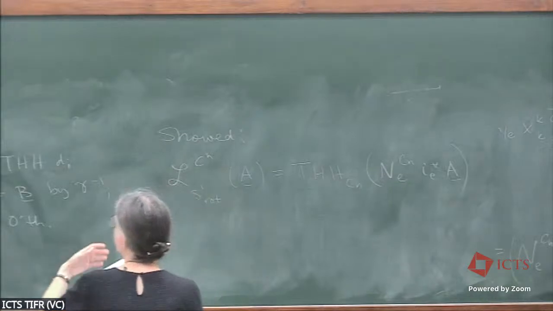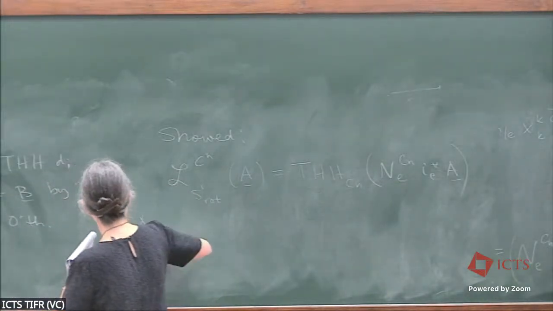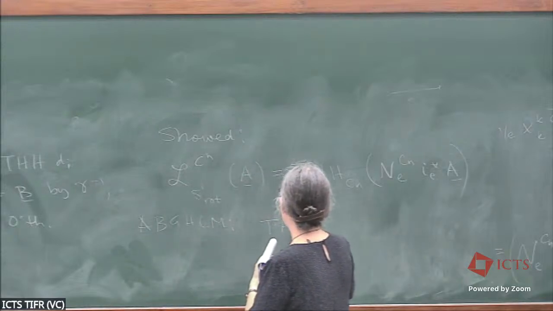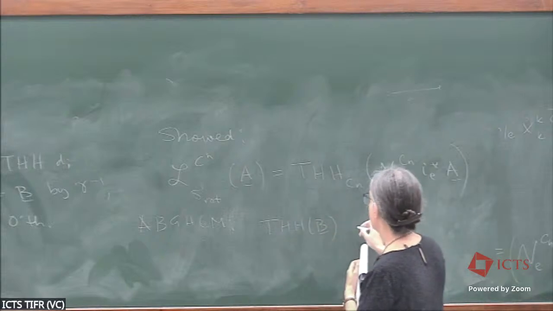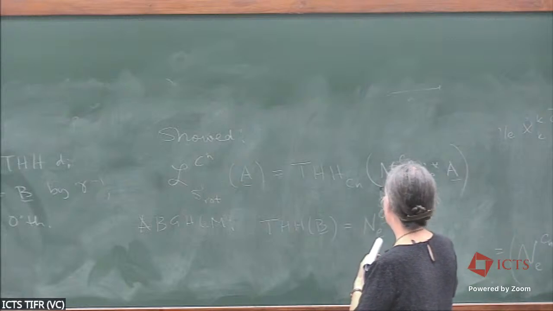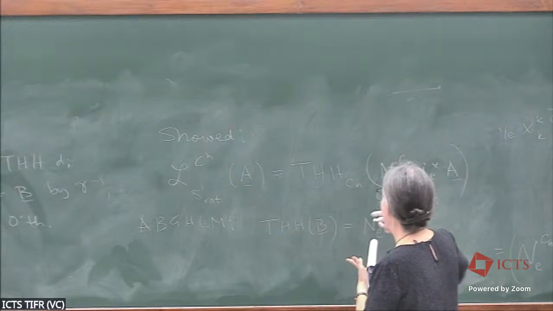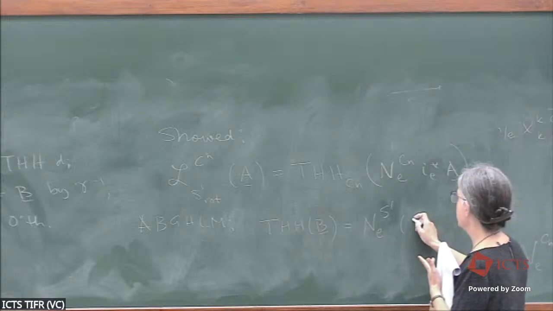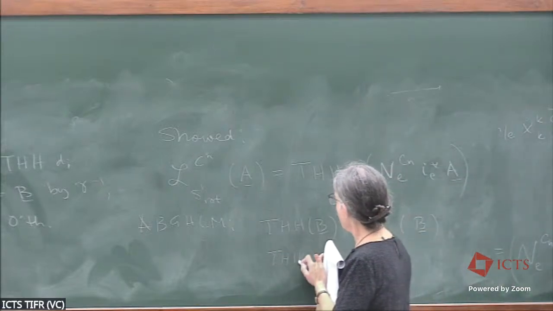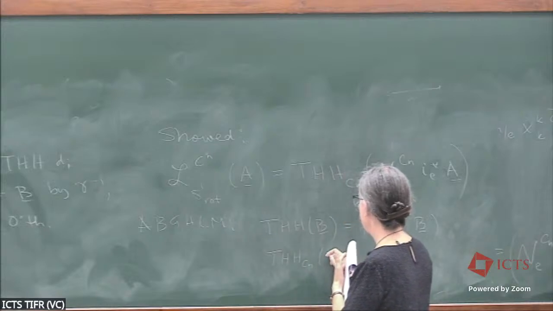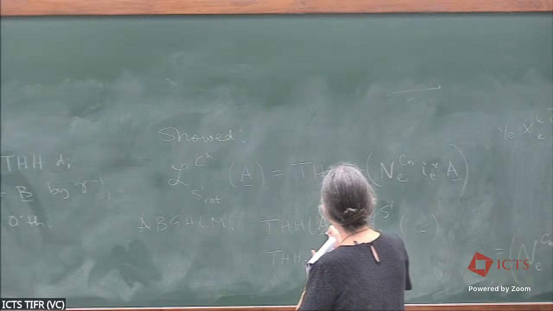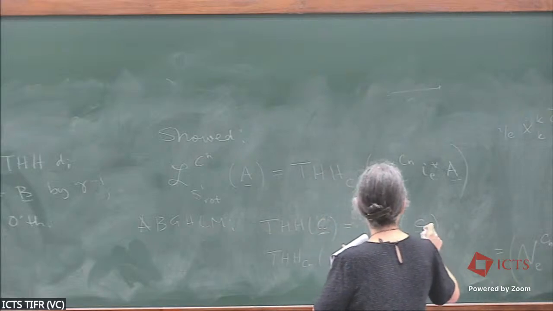Okay. In their case, it was really interesting, because what AB GHLM were actually doing is they were saying that THH of B, and now B doesn't have any action, should be thought of as the norm from e to S^1, which is something we haven't discussed: compact Lie groups, not finite groups, of B. This is just a spectrum.